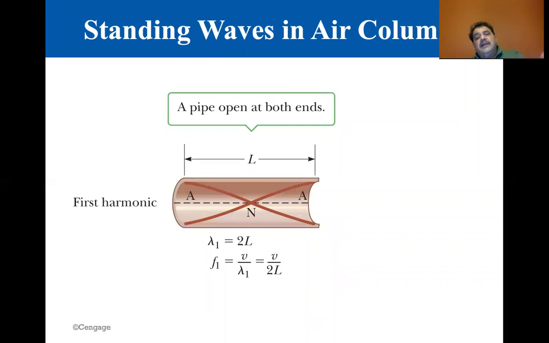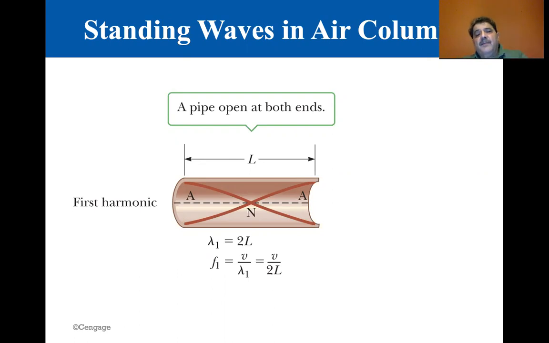But just take a look at this, and obviously at the ends of the open pipe, there's not going to be a node because the air molecules are free to vibrate at either end. So there's always going to be an antinode at the ends of the open pipe.